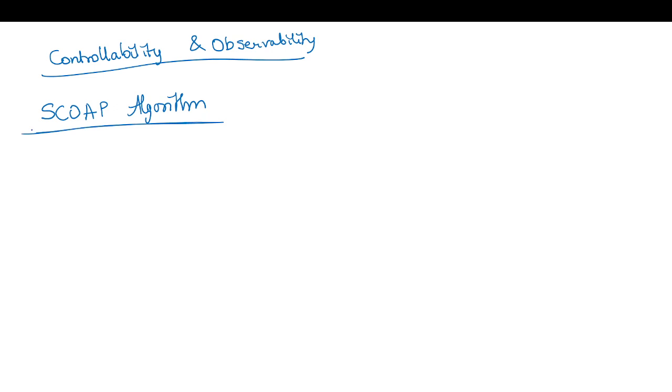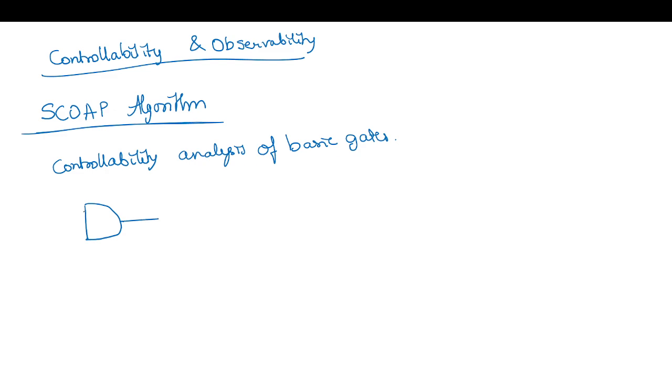So in the SCOAP algorithm, if we consider some basic gates and discuss the controllability analysis of the basic gates. Now if we consider an AND gate, what we have to control? The inputs.